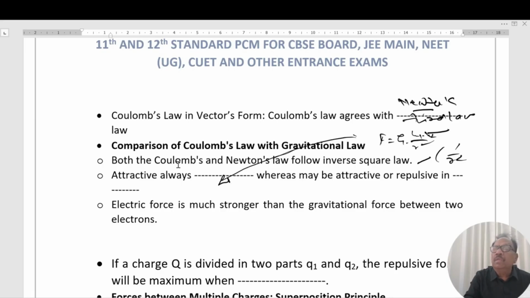Whereas Coulomb's force may be attractive or repulsive depending on the nature of the charges, whether they are like or unlike. Electric force is much stronger than the gravitational force.